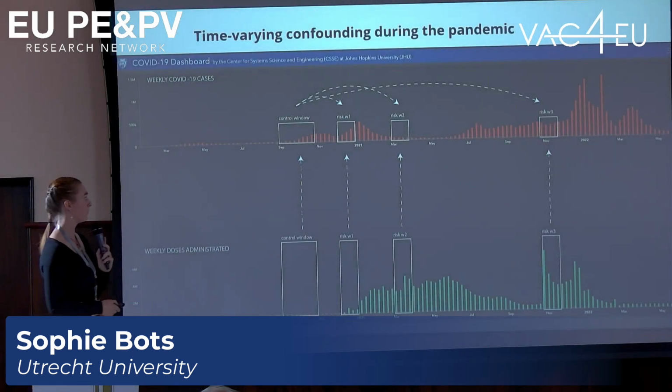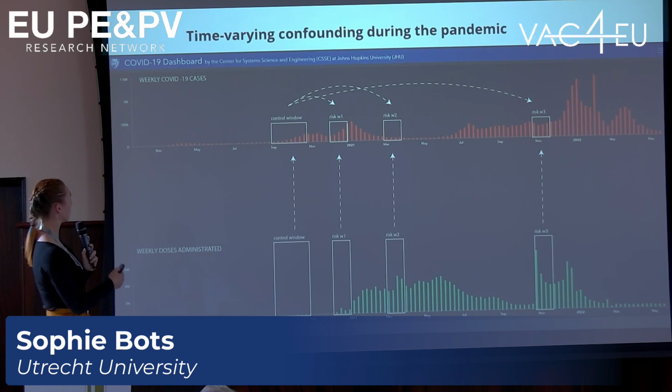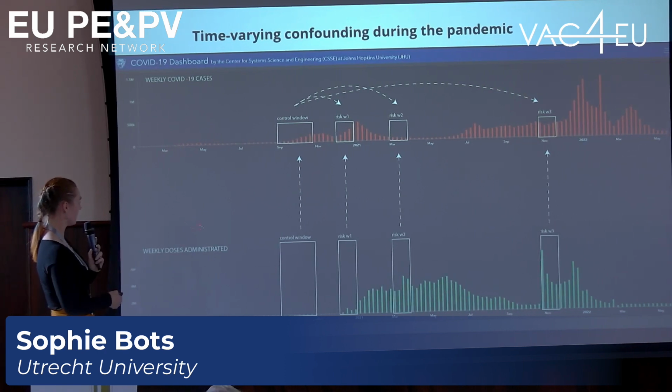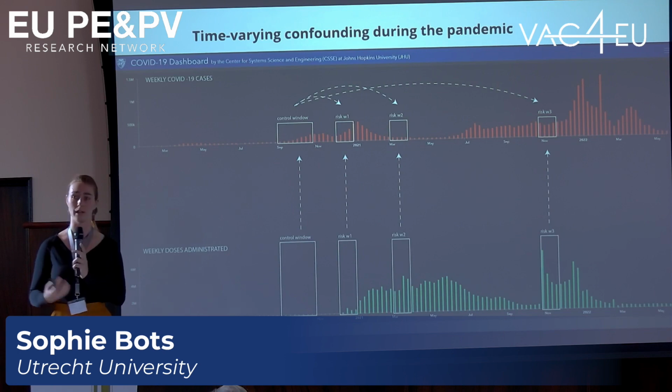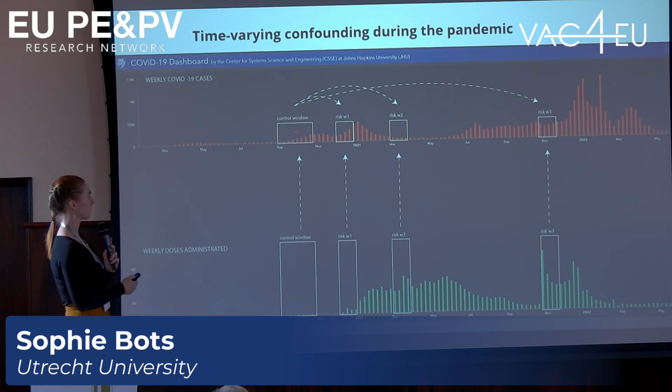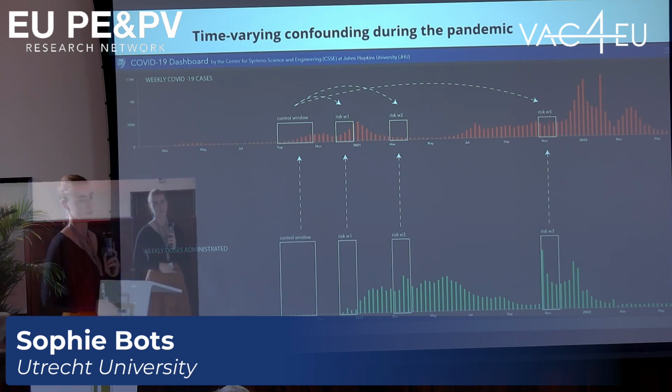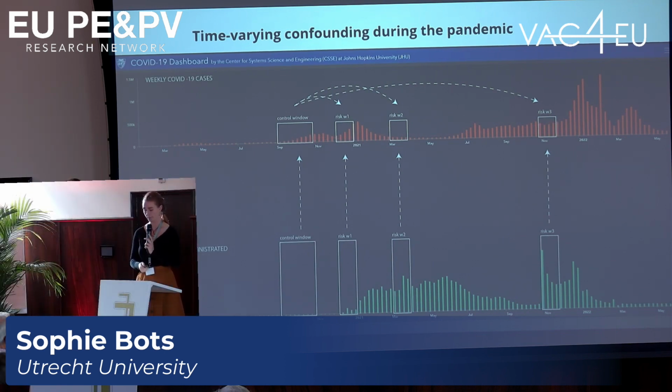One very nice example is this, where I just very quickly looked at COVID cases and vaccinations, and you see if I overlay our design of when we look at these time periods in one person, the COVID incidence in those different risk windows is very different. So if we think that COVID-19 is a confounder, which for a lot of the ACs it is, there's actually a lot of time-varying confounding going on here in your study design that you need to take account for.